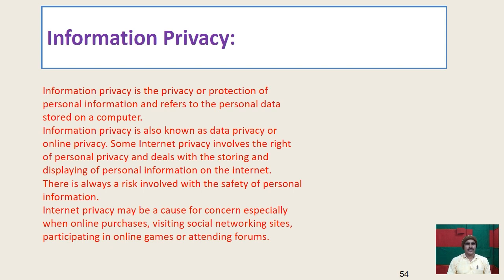Internet privacy involves the right of personal privacy and deals with the storing and displaying of personal information on the internet. There is always risk involved with the safety of personal information. That is, it is risky to share your personal information on the internet.